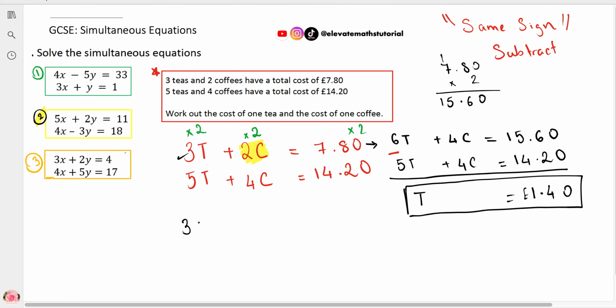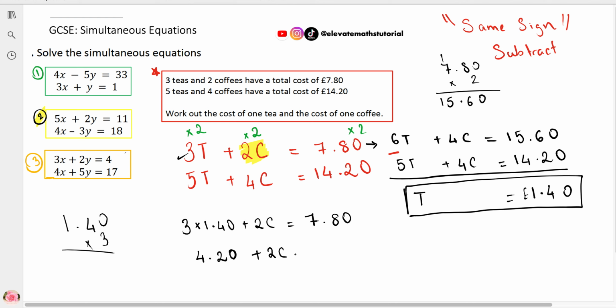So 3t is 3 times 140, plus 2c is equal to 780. So 3 times 140, that's going to give us 420. You can write it out and multiply it and check.